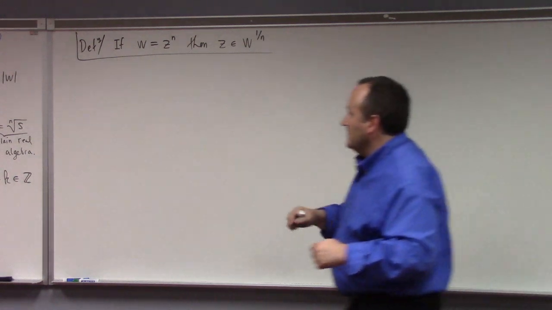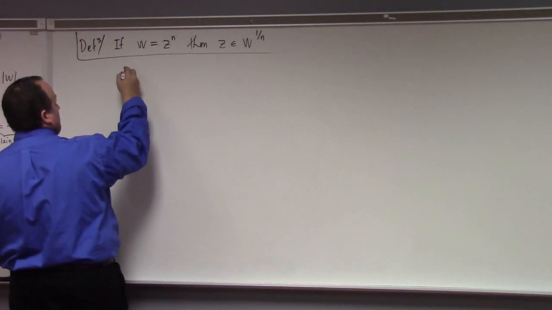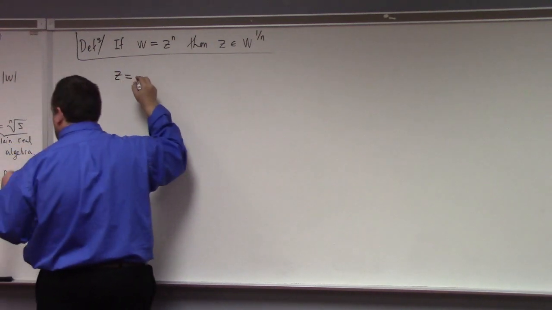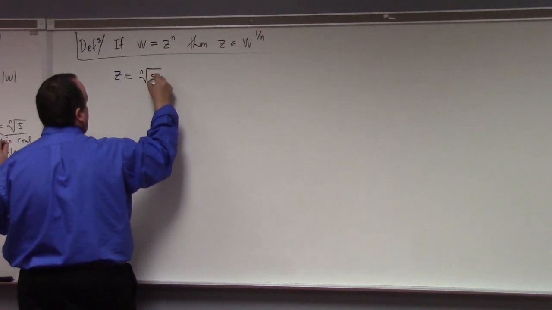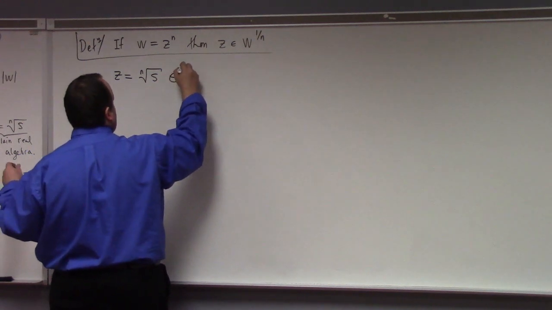Let's write it out. By this calculation right here, we see that z has to be equal to the nth root of s times e to the i theta.